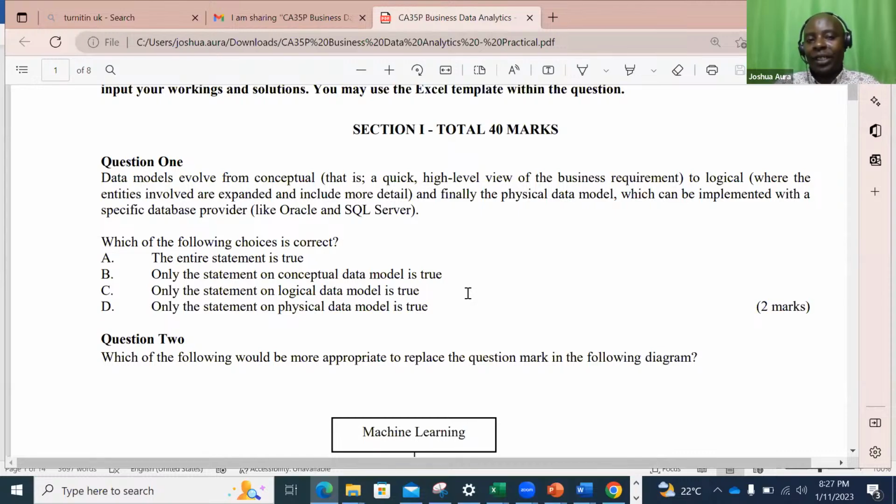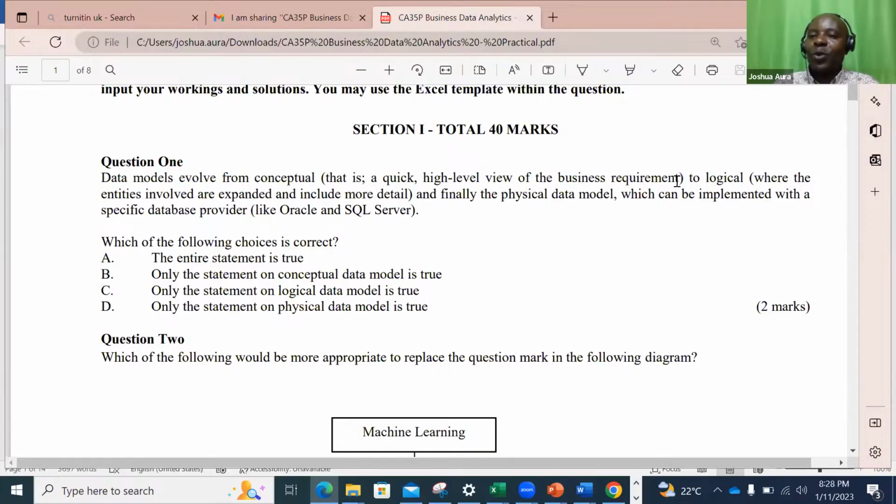And then you come up with a regression model. So these data models normally evolve from conceptual, which is a quick, high-level view of the business requirement, to logical, where you provide relationships.